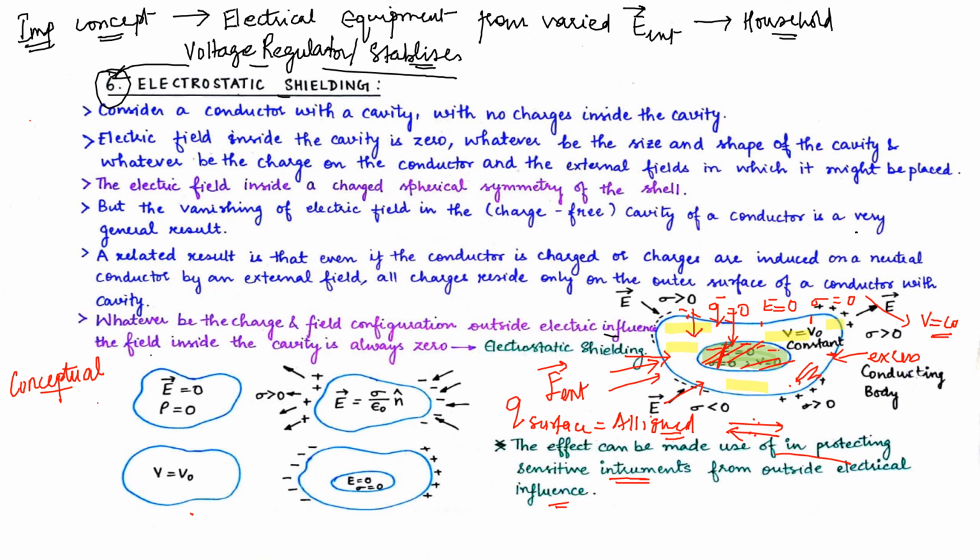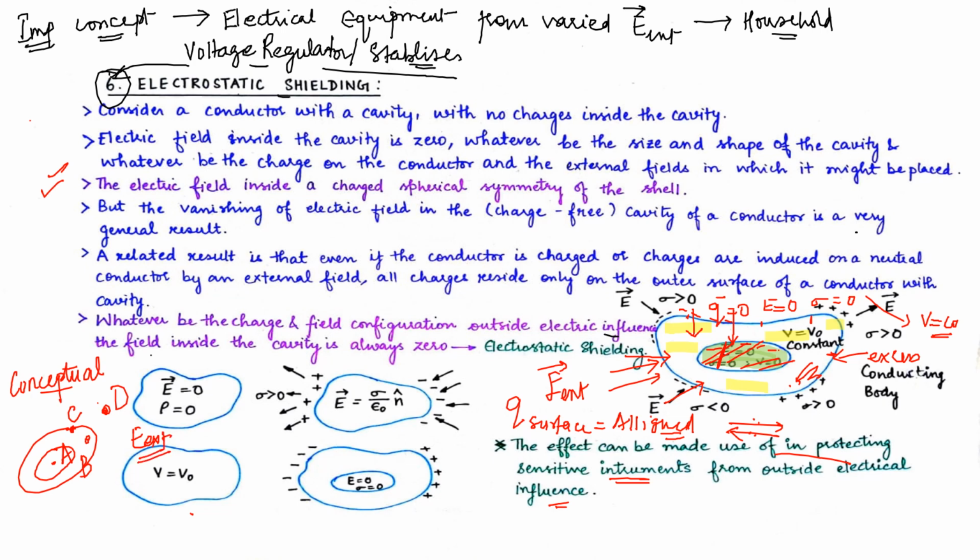It will look like they are asking you a question for a derivation, but they are asking the question from these concepts. They will give you a structure like this and will ask what is the electric field at point A, at point B, at point C, and at point D in the presence of external electric fields.